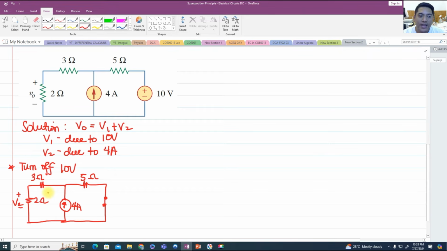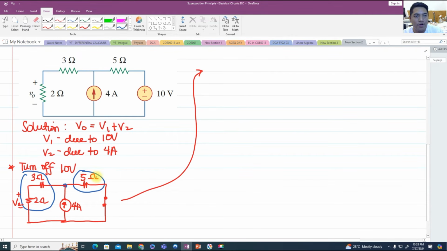Analyzing the circuit below, these two are connected in series, and of course, they are connected in parallel with the 4 amperes and at the same time the 5 ohms.